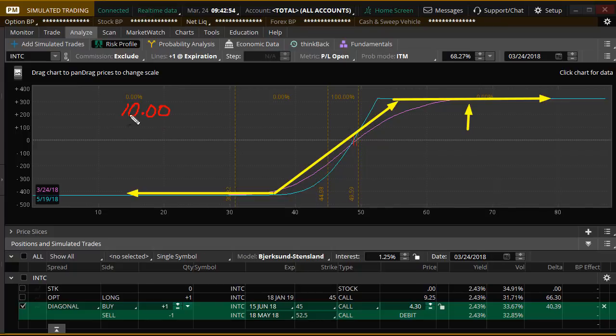Let's say this is a LEAP option, goes all the way out for a year. And we sell the front month call against it, an out of the money call, and it expires worthless. We collected $1 on it. Okay? So if we've collected $1, what's our max risk in this trade now?